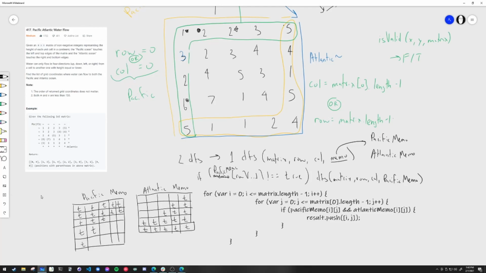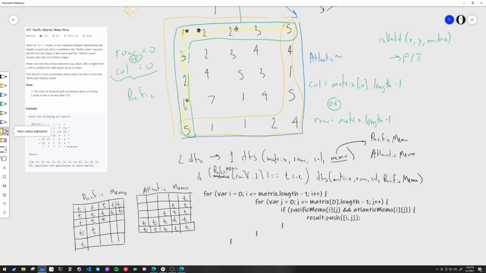Yeah, so what I did was I pretty much had 4 different for loops going on, right? I had a for loop that went through here for Pacific, and then I had another for loop that went through this one.